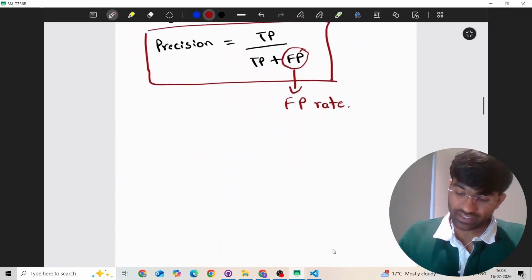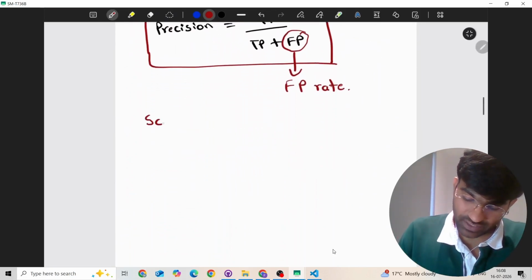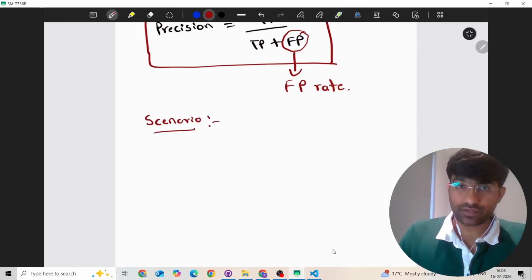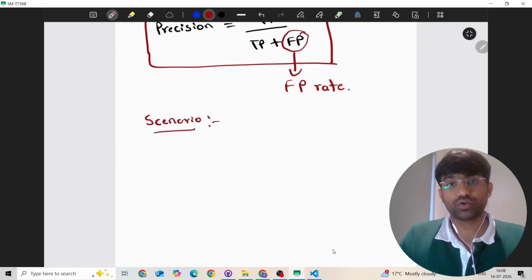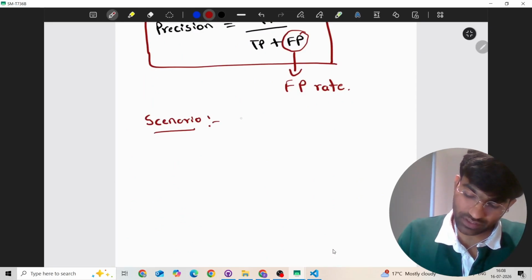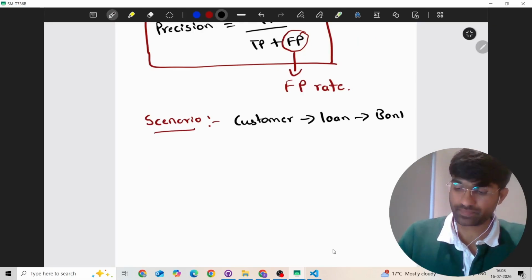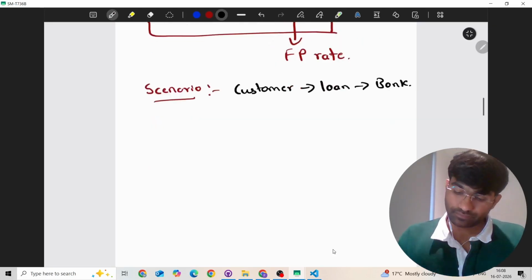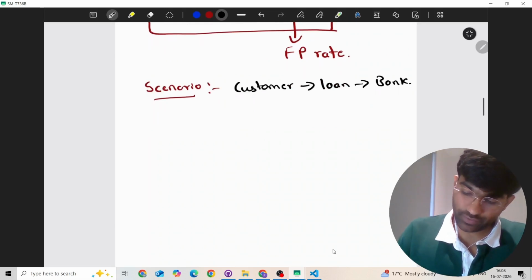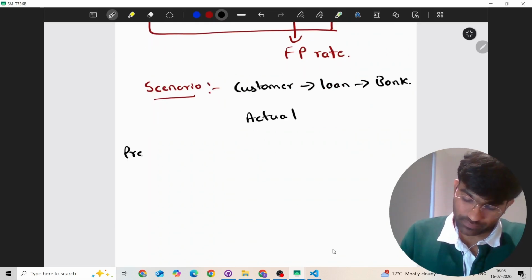Let me explain that with a scenario where a customer applies for a loan. That is our scenario. Okay, so what will be this scenario? Actual, predicted.